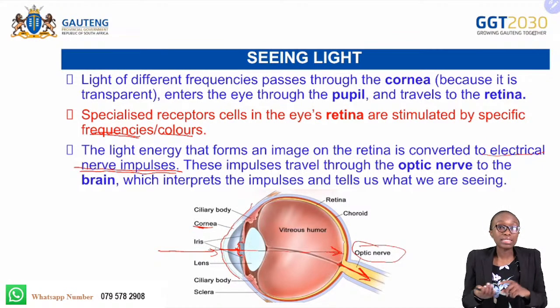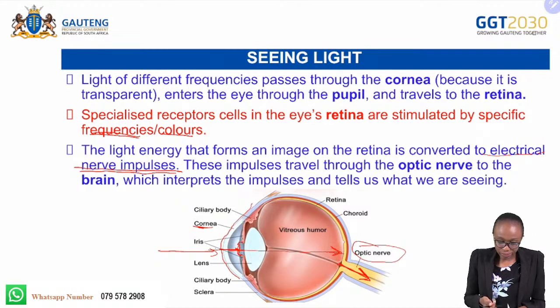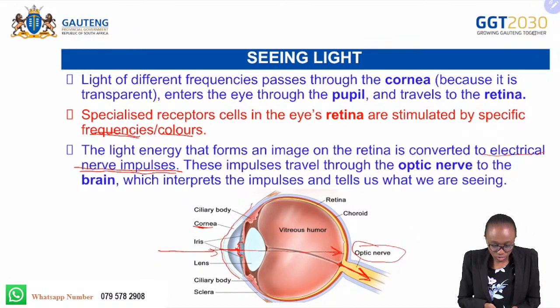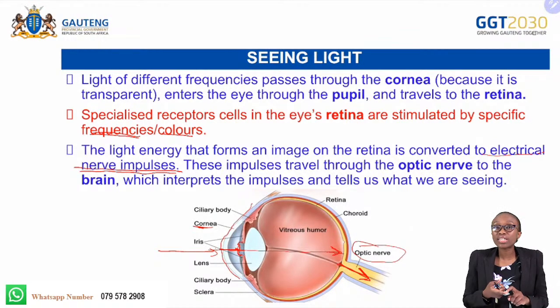So what happens is light enters the eye through the cornea. It goes from the cornea to the pupil. It also passes the lens there, so it's moving there, and then it strikes the light-sensitive receptor cells that are found on the retina. And then once it strikes those cells, it stimulates them to form an electrical impulse, which is a message.